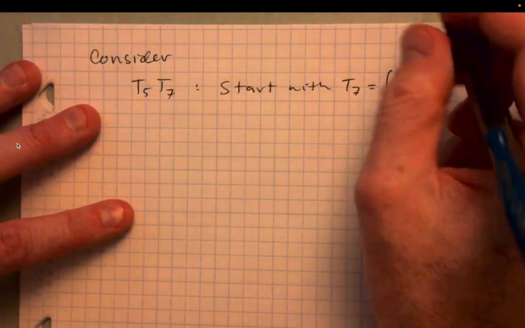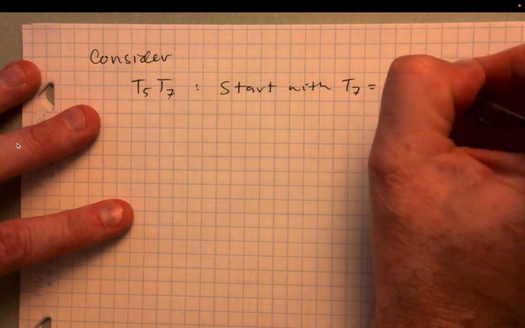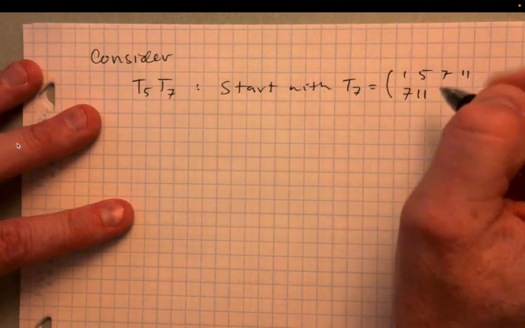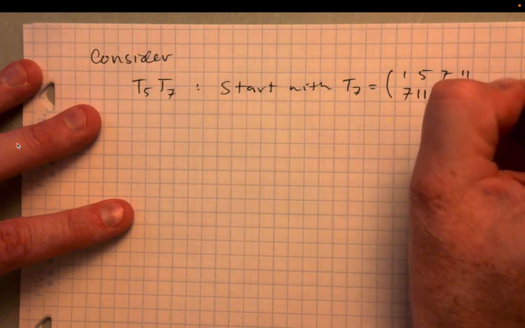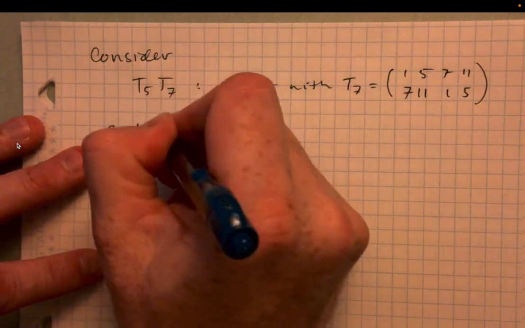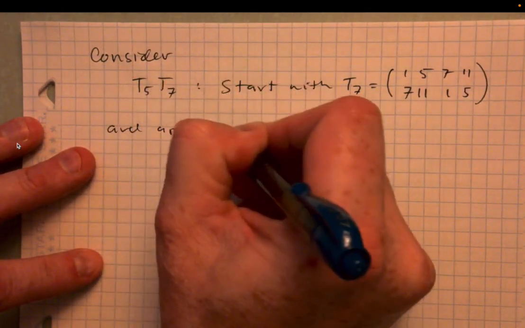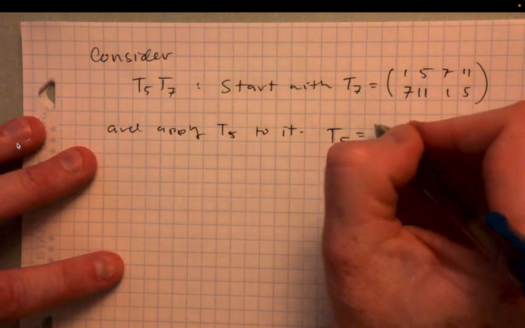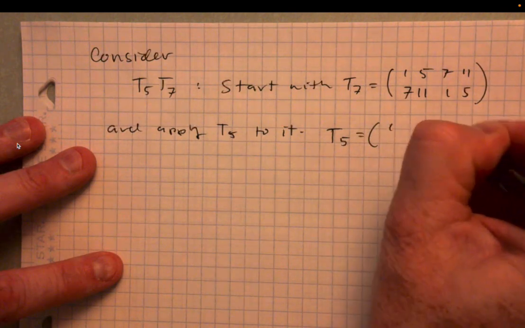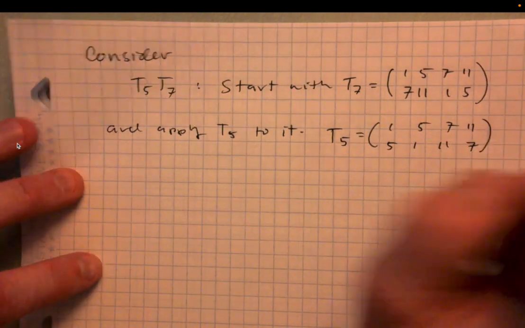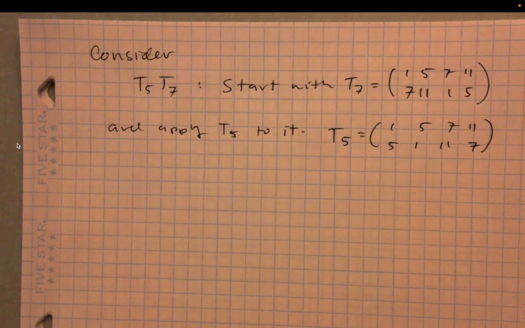Start with T7, which we saw was 1, 5, 7, 11 would be permuted to 7, 11, 1, 5. So we start with this and apply T5 to it. Now remember, T5 was, you had your 1, 5, 7, 11, and it became 5, 1, 11, 7, right? Just reference your previous sheet.